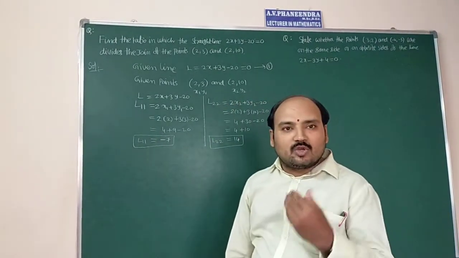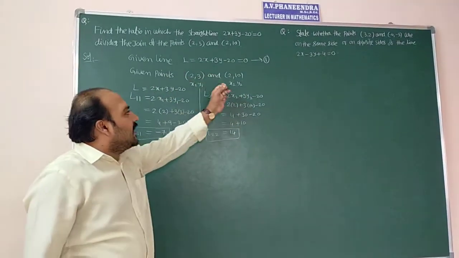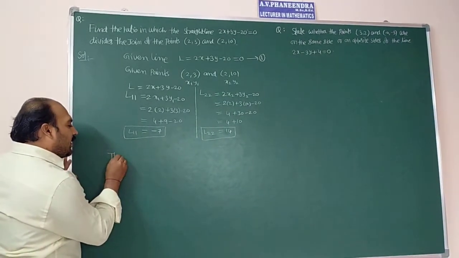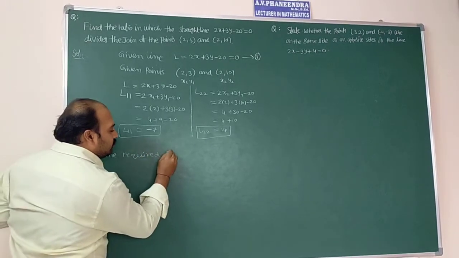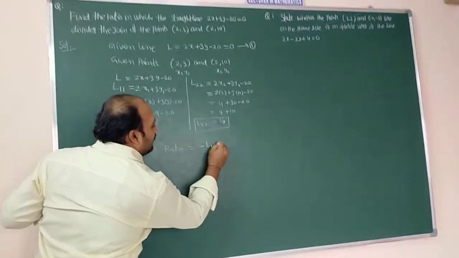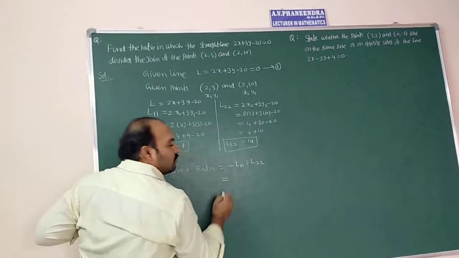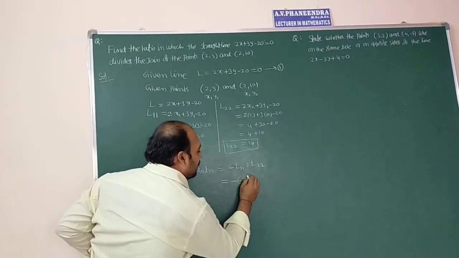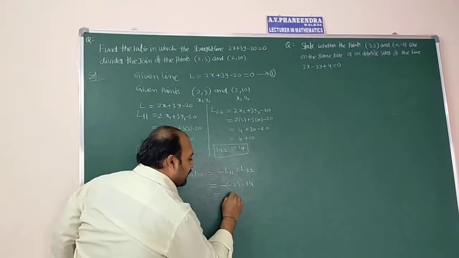After getting the values of L11 and L22, the line divides the line segment of the points in the required ratio, minus L11 is to L22, which is equal to minus of minus 7 is to 14. That is 7 is to 14.